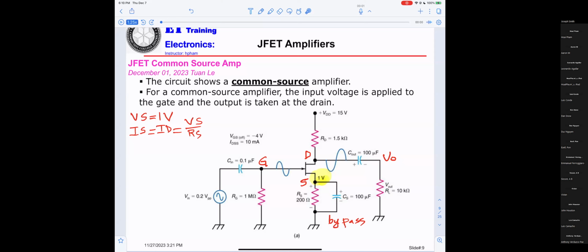You see at the gate, you can get a signal, and when you get to the drain, you can get a signal, but with opposite polarity. However, at the source, you don't have any signal. The reason is they bypass.